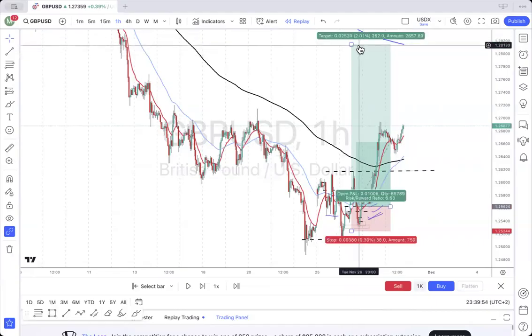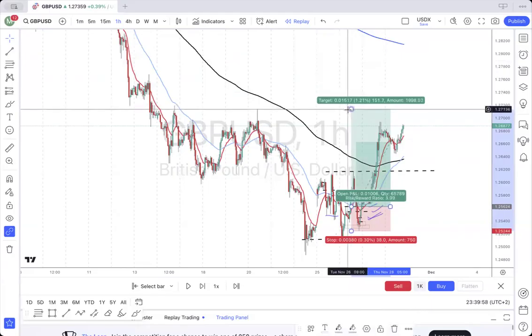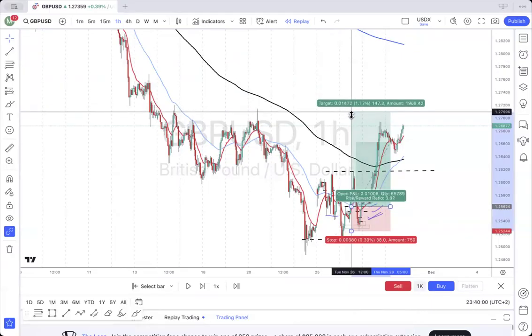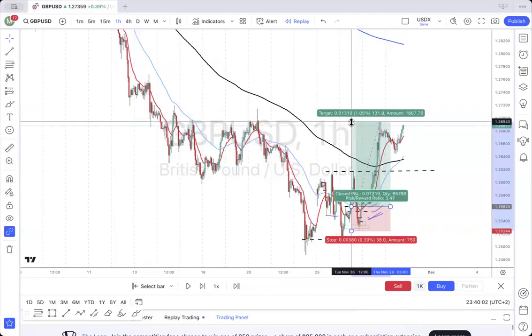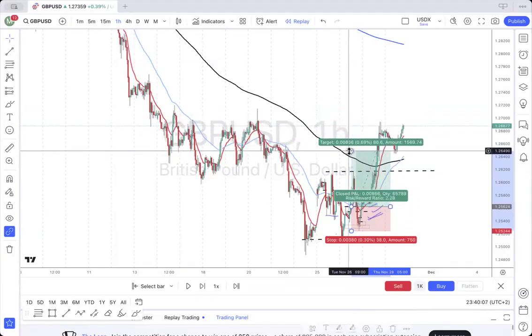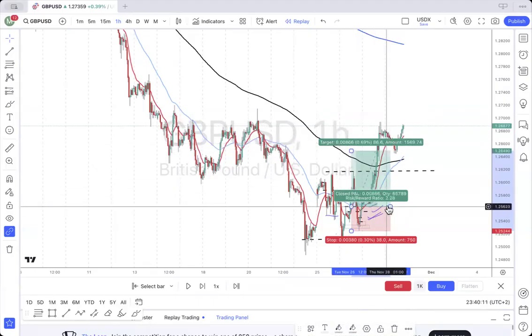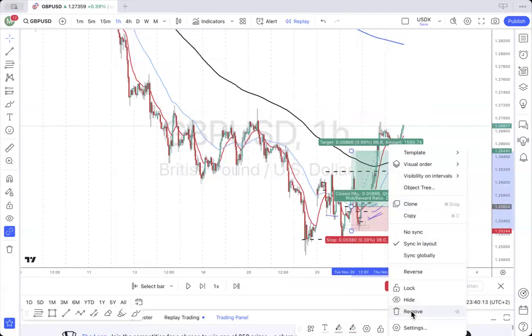Even if I reduce my target and say, okay, let me just target this, that's still like 350. Everywhere it's still more, because I make sure I get my entry right. That will then tell me how much risk is involved.